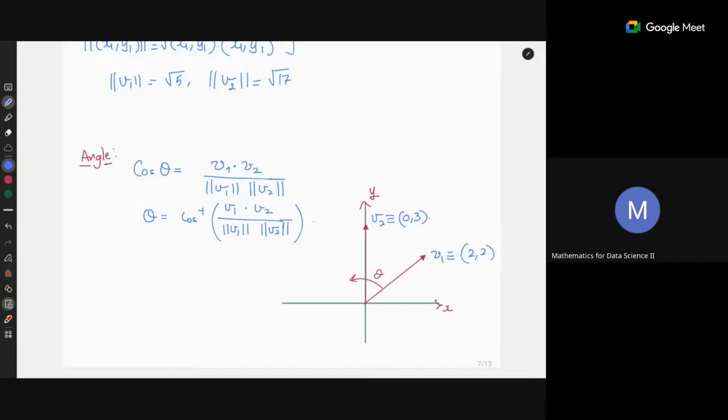I've drawn a figure right next to it; in this figure, theta will be the angle. You can calculate the value of theta using cos inverse. Cos theta is 1 by root 2. That means theta is 45 degrees, right?